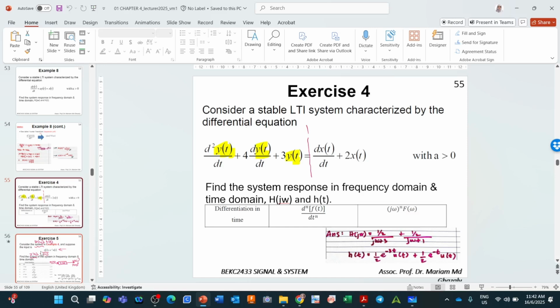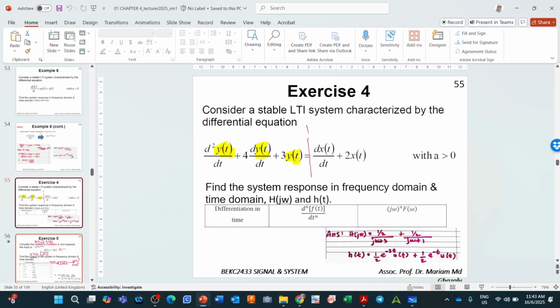Exercise 4. Consider a stable LTI system characterized by the differential equation. So you have d^2y(t)/dt^2 plus 3 dy/dt plus 2y(t) equivalent to 3 dx/dt plus 2x.